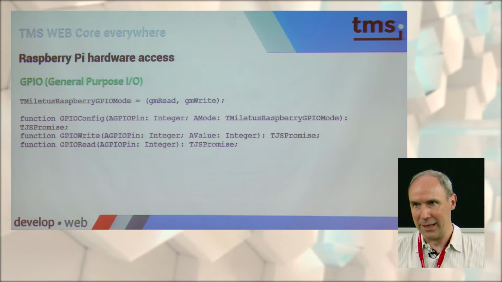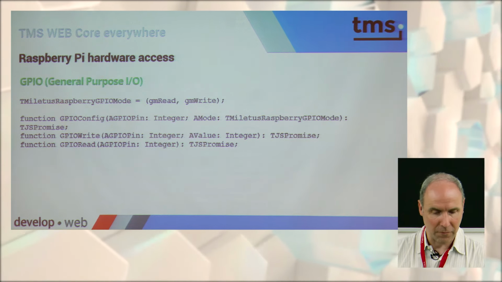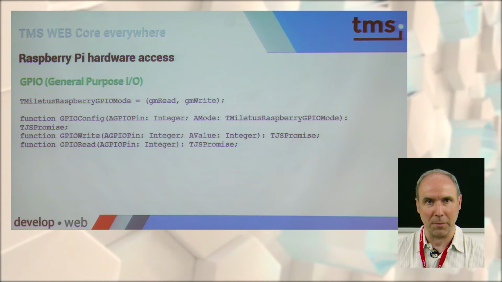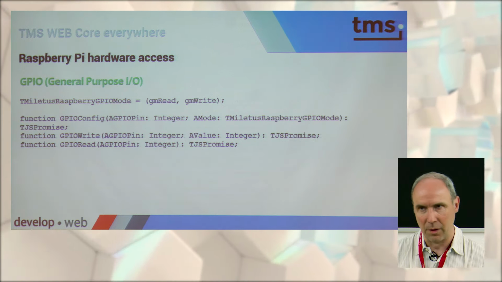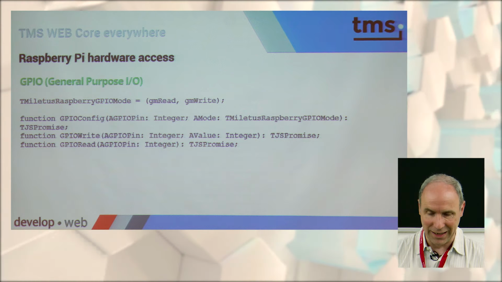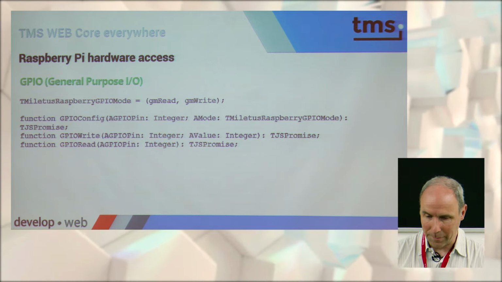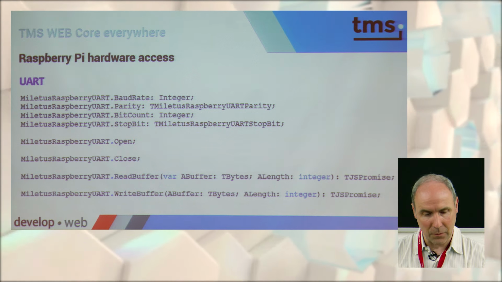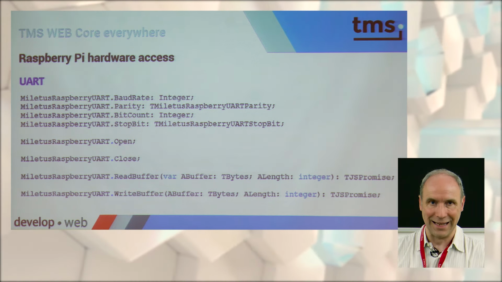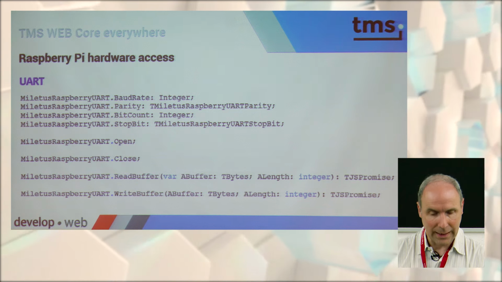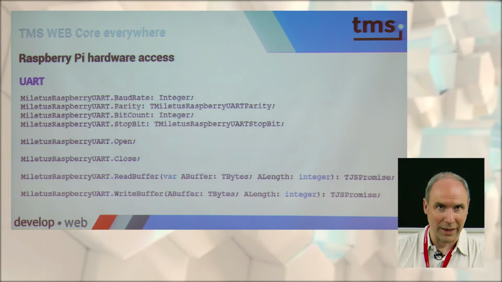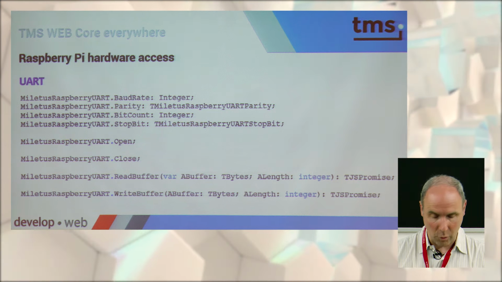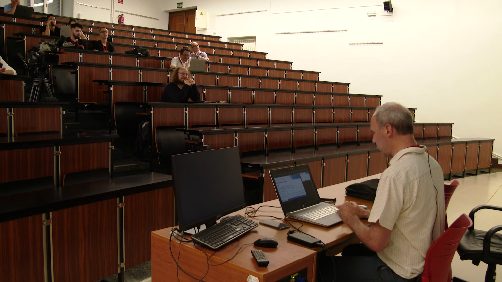You can manipulate each GPIO pin from your application, so you configure with GPIO config whether your pin is an input or output, for example, and then you can read, write values on these GPIO pins. And finally, the last one is the UART. That is also standard available in your Raspberry Pi, and so also here you can open this UART port and read, write data over UART.